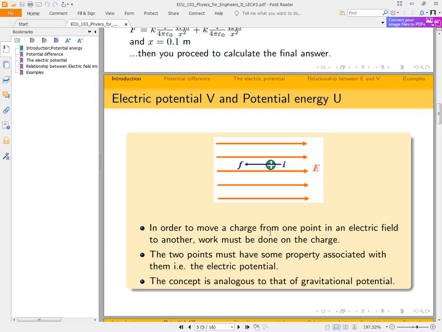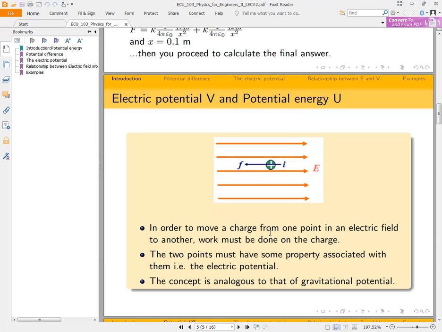Okay, so the work done is equivalent to the potential energy, but the position that the charge takes, or the location of the charge, is given by what we call the potential.